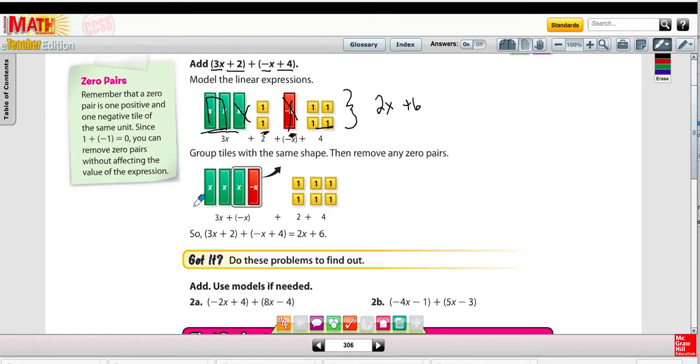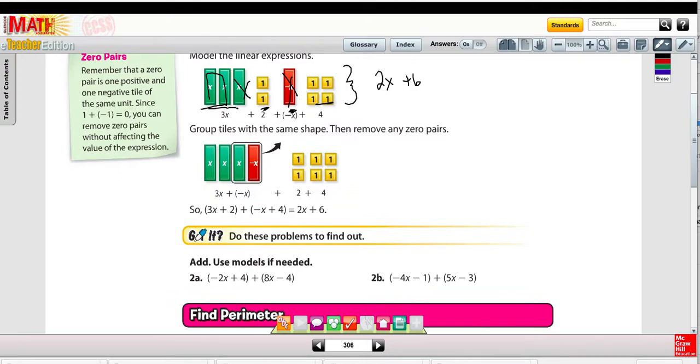Okay, so looking at the middle of the page, we have 2a. We have a negative 2x and a positive 8x. That would be a total of 6x. We have a plus 4 and a minus 4, which is 0. So we don't need to put plus 0. We can just simply put 6x.